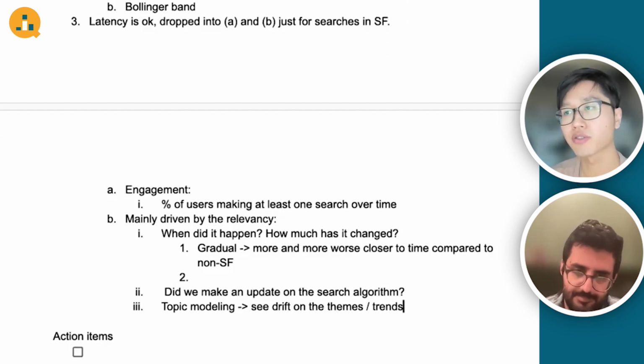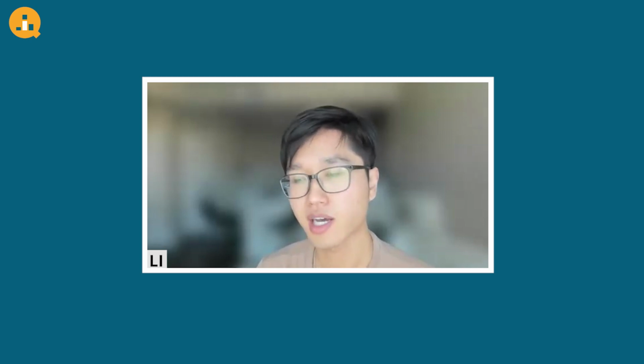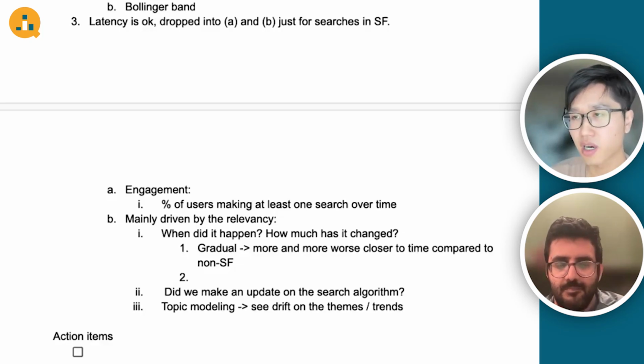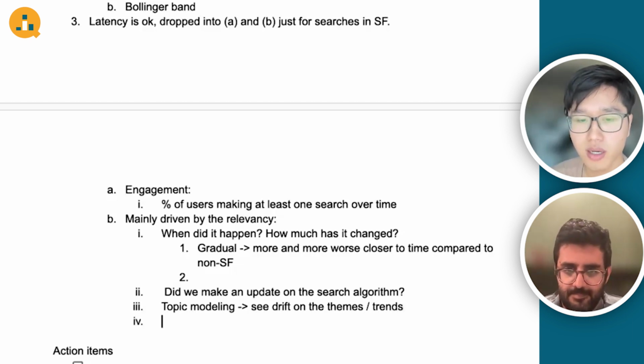Because you can imagine it would be more useful to search for traveling or social stuff on Facebook, but if you ask how to go to the hospital in SF, that's still possible, but maybe less relevant. So I just want to see if there's any drift in that regard as well. Yeah, that's a good idea. That's one more thing I want to check.